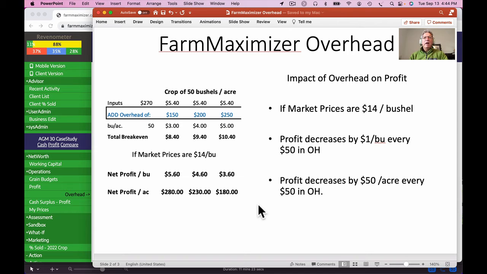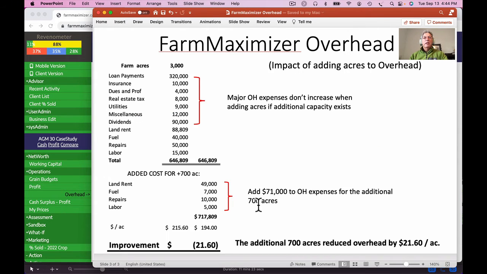Here's an example of how volatile overhead costs can be, though, on a per acre basis. Let's look at a 3,000 acre farm that could handle an additional 700 acres at $70 an acre rent without adding any equipment. The major expenses here, loans and insurance and so forth, don't increase when we add acres, as long as the additional capacity exists.